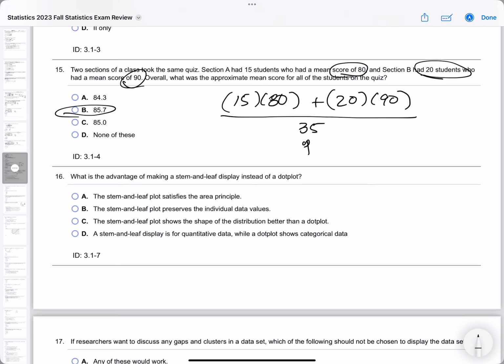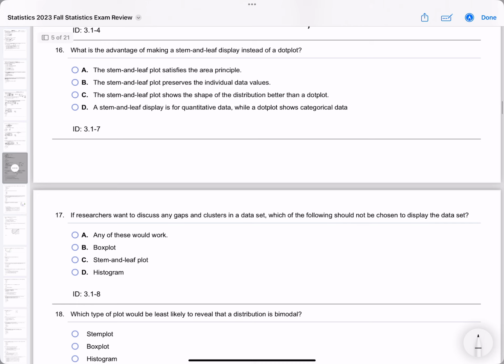The advantage of doing a stem and leaf plot is that you can see the individual data values. The other one is not the area principle. The area principle is like when you have data that looks like this and then data that looks like this, and this is maybe 2 and this is 4, and you can see that's the area principle. You can see that this one actually looks way more than just twice as big.